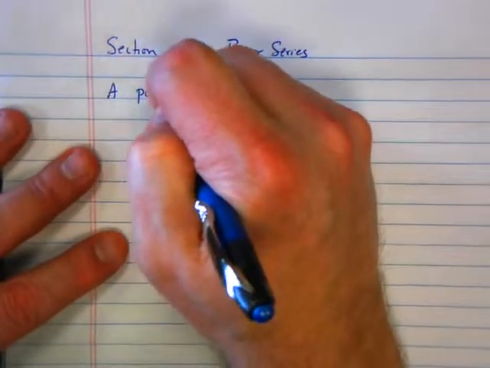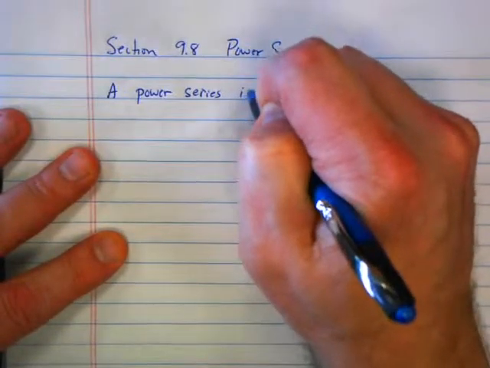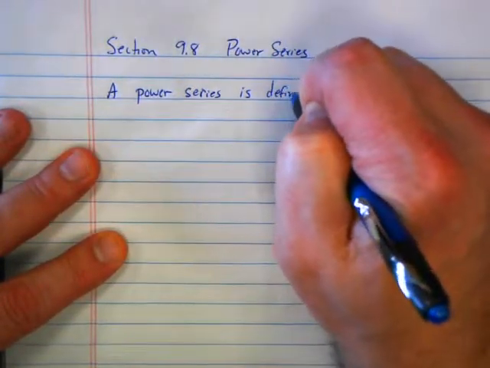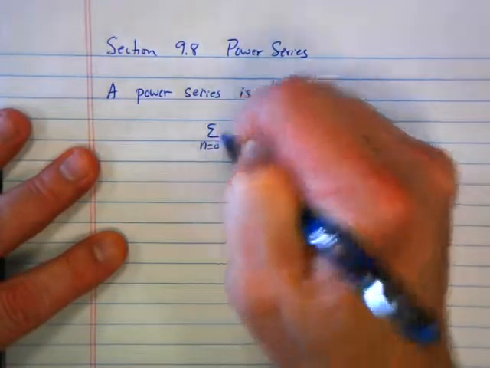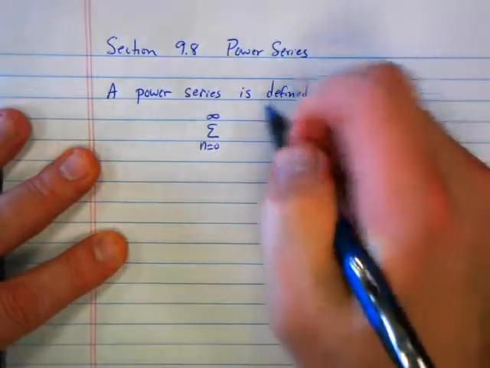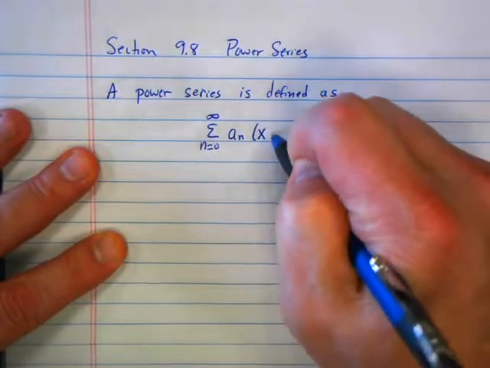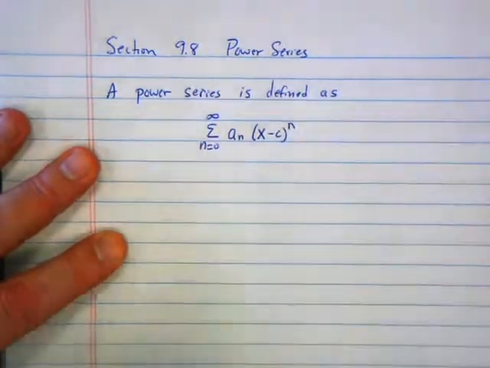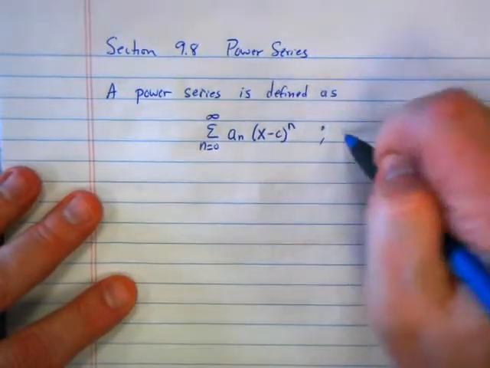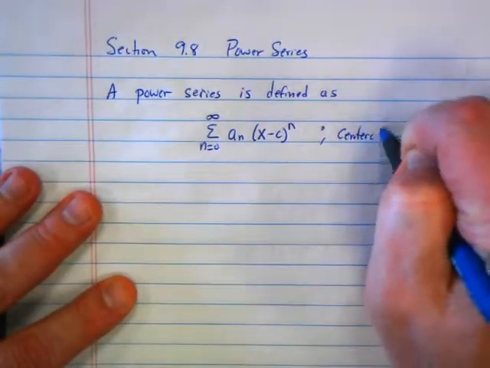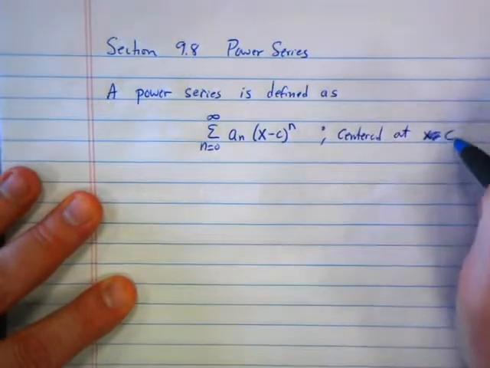A power series is defined as the sum from n equals 0 to infinity of a sub n times x minus c to the n. In this series we would say this is centered at c.